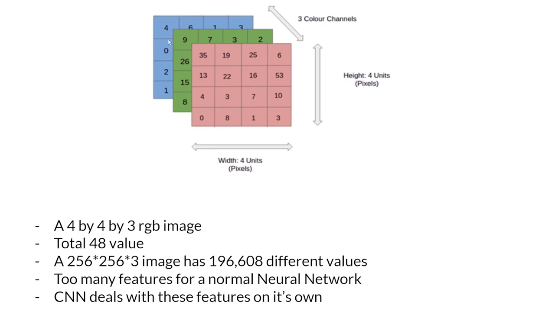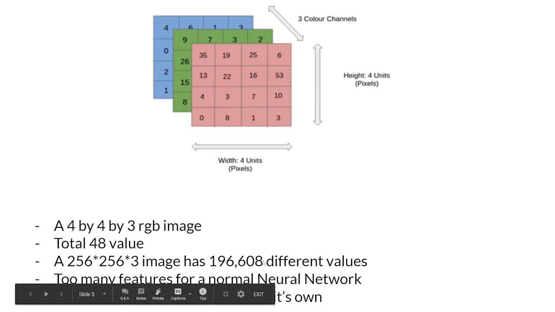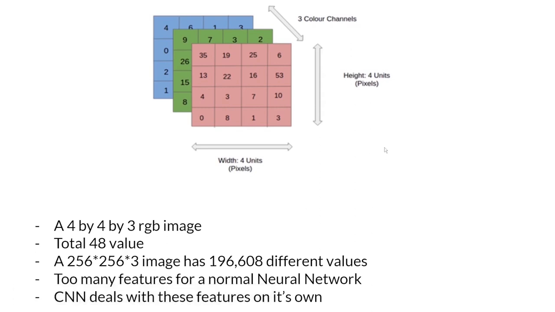If we had, say, a 256 by 256 by 3 image, the total number of pixel values would be 196,608. If we were to feed this to a multi-layer perceptron, it would be just too many values.